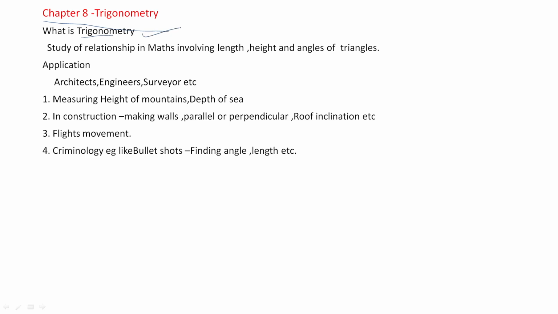So what is trigonometry? Trigonometry is the study of relationships which involve length, height, and angles. Mostly we deal with right angle triangles, so that we can find the other two sides or the angles, whatever is left out, using those ratios.